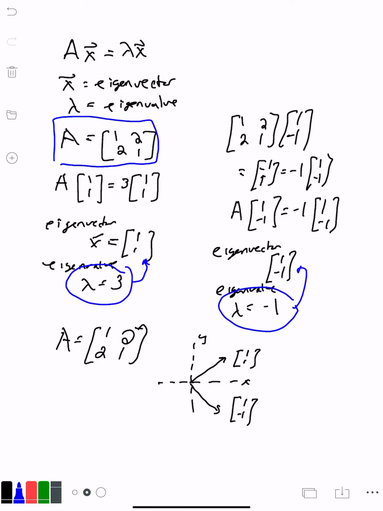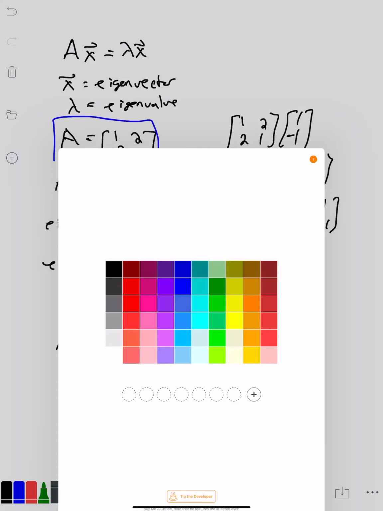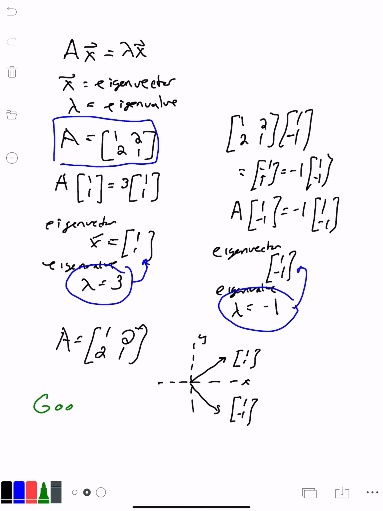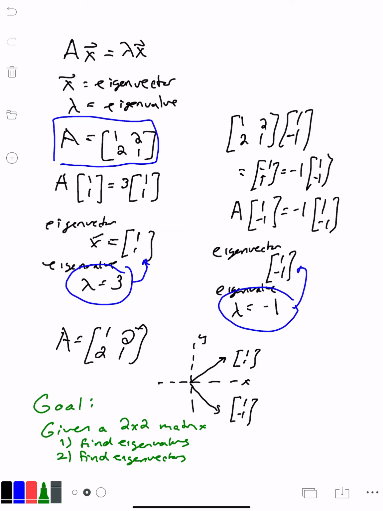So again, what we're going to be doing for chapter 6, your goal, is given a 2 by 2 matrix, I want you to first find the eigenvalues, and second, I want you to find eigenvectors. And again, I'm not showing you how to find these yet.